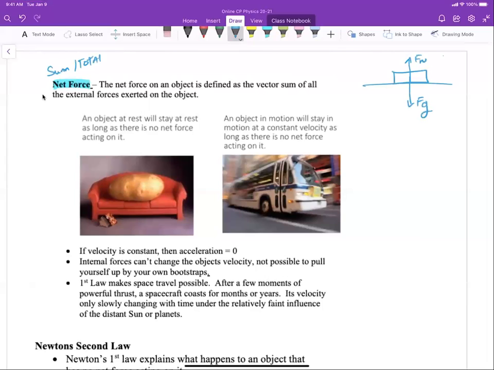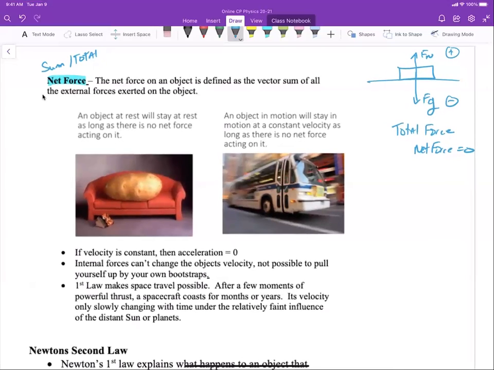Now, this is in the positive direction, this is in the negative direction, and the net force in the y direction is equal to zero. And that is why that book will remain at rest forever until someone imposes an unbalanced force on the book. So the object will stay at rest as long as there's no net force.